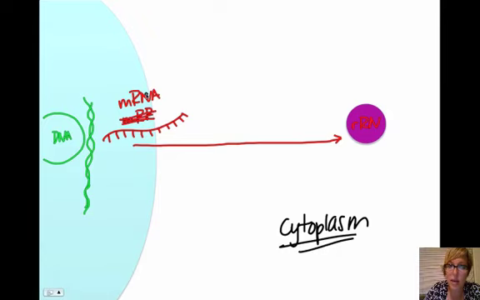So the mRNA then goes to the rRNA, which stands for ribosomal RNA, which basically is a ribosome. And the ribosome is kind of like the factory worker, where it reads this code and it takes tRNA, which is called transfer RNA.